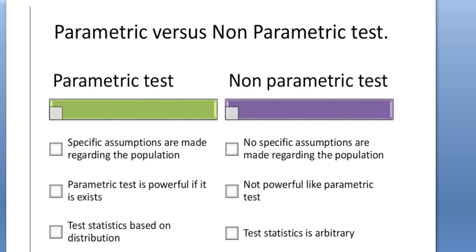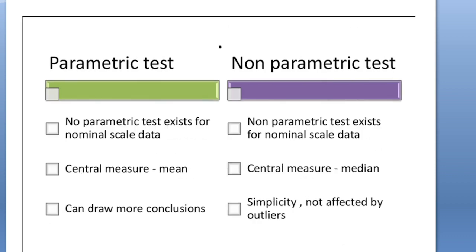Thirdly, the test statistic is based on a distribution for a parametric test, but for a non-parametric test, the test statistic is arbitrary. Similarly, no parametric test exists for nominal scale data, but for nominal scale data, a non-parametric test exists.